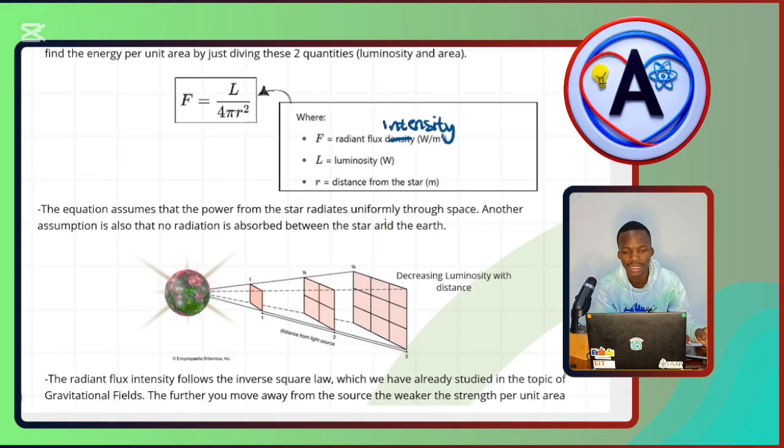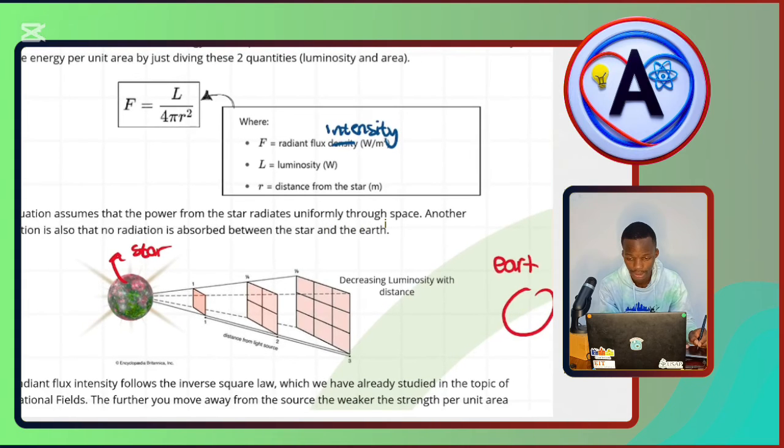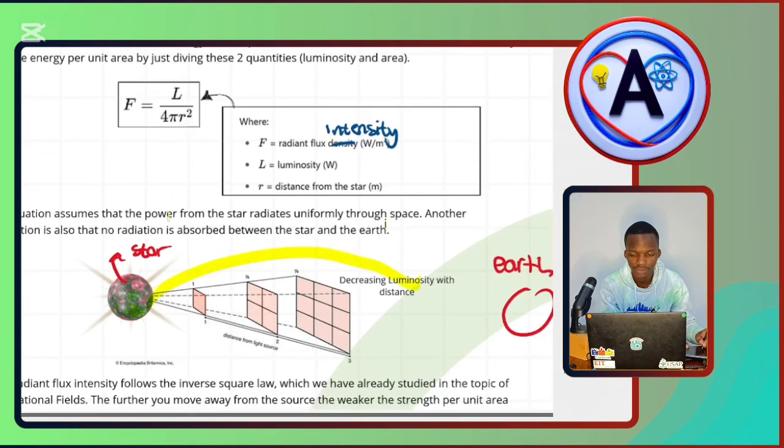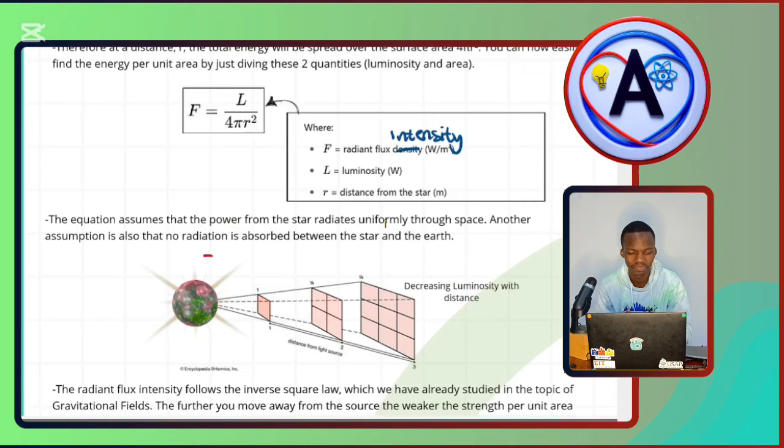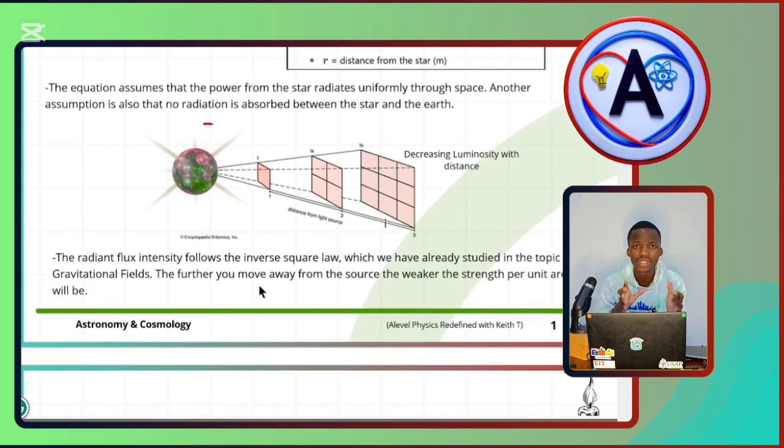If this is the star and the Earth is somewhere over here, our assumption is that all the energy released by the star is going to hit the Earth, which in reality might not actually happen. So we can safely say that radiant flux intensity follows what is known as the inverse square law, which we've already studied in the topic of gravitational fields.